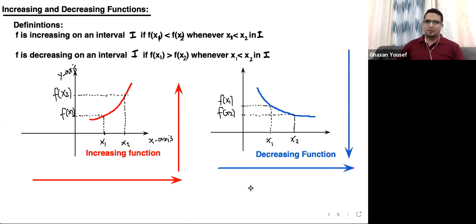Okay, so I'm going to give an example. Suppose I have a curve like this. This is my curve.